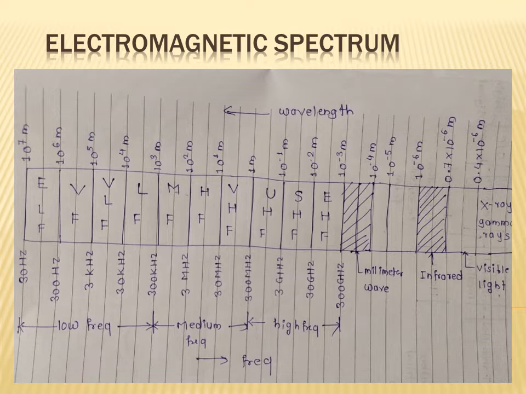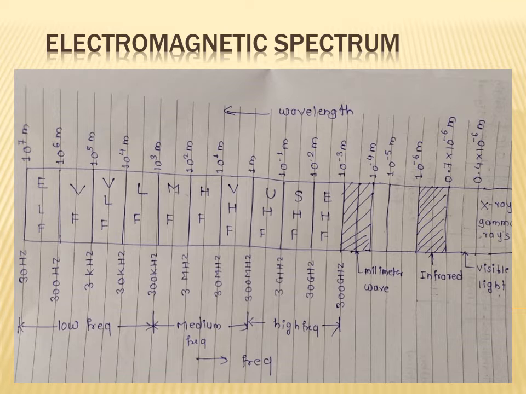Today we start with the electromagnetic spectrum. First we see what an electromagnetic wave is. When we consider wireless communication, the transmitted signal is in the form of an electromagnetic wave.